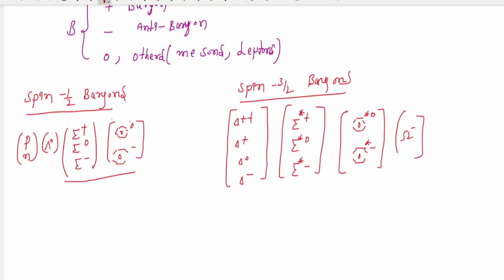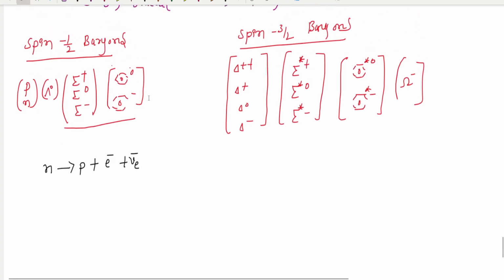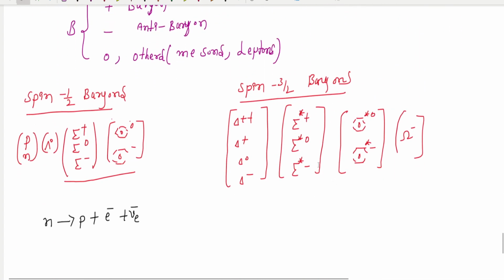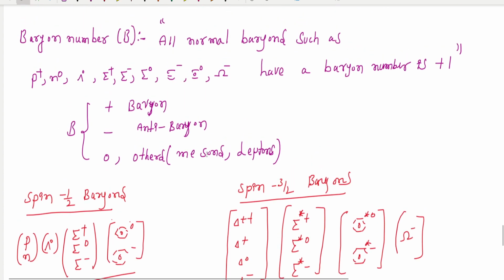Now I'm going to check the same thing. If a bar is present, those particles are anti-baryons. First I'm going to check the reaction n tends to p plus e plus anti-neutrino. Here, in case a minus is there, like sigma minus, you shouldn't just put the minus into the equation, so you need to remember this.